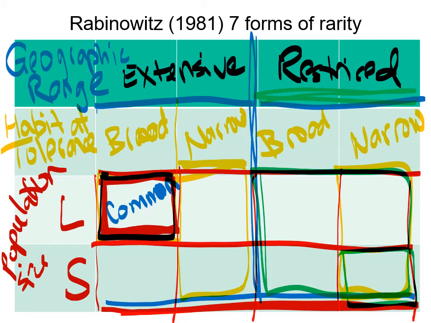Restricted range might be found only in old growth tropical rainforests, and when you find it, it has a small population. That box right there is where you're going to find a lot of species that are in danger of extinction. Something like your lemurs in the tropical rainforests in Madagascar with small populations.